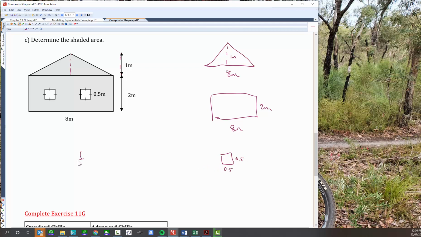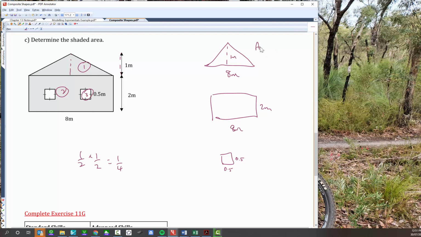Now 0.5 can be written as a half, and we multiply that by a half, which is a quarter, which makes sense because a half of a half is a quarter. So a quarter is equal to 0.25 as a decimal. All right, let's go ahead and calculate areas of each of these. So we'll call this shape 1, this shape 2, and this shape 3.